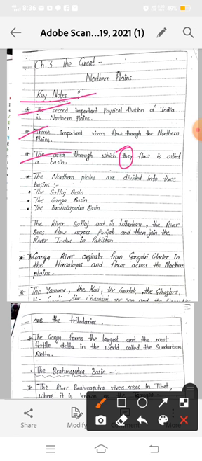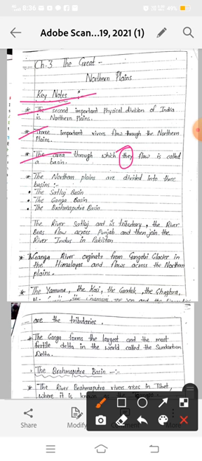I told you, an area where any river flows is called the basin of that particular river. If the Ganga river is flowing in any area, that area is called the Ganga basin. If the Brahmaputra river flows in any area, it's called the Brahmaputra basin. The name may vary.